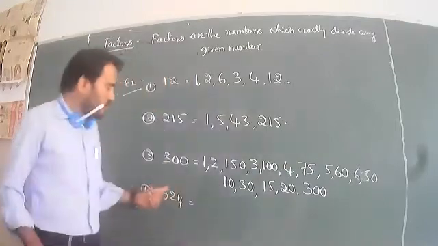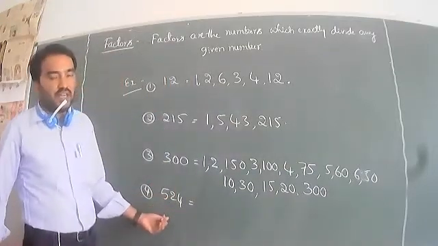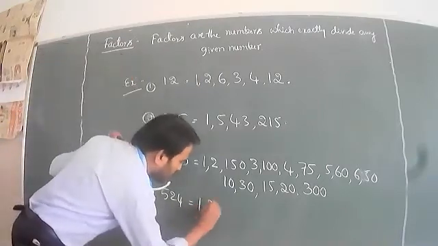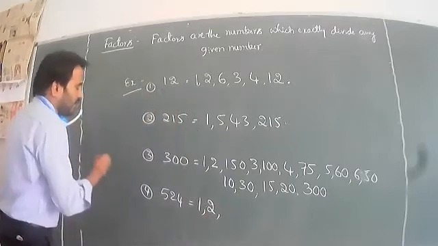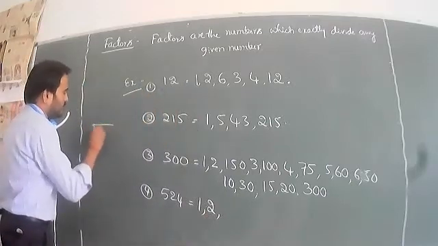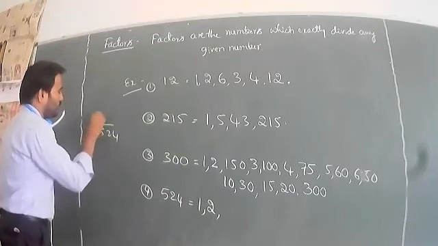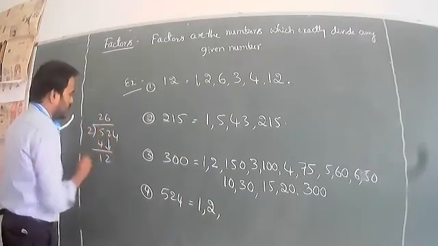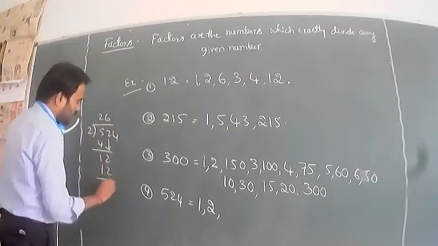So now I will go for 524. It is even, so 1 and 2 divide it. Check it: 524 divided by 2 is 262.